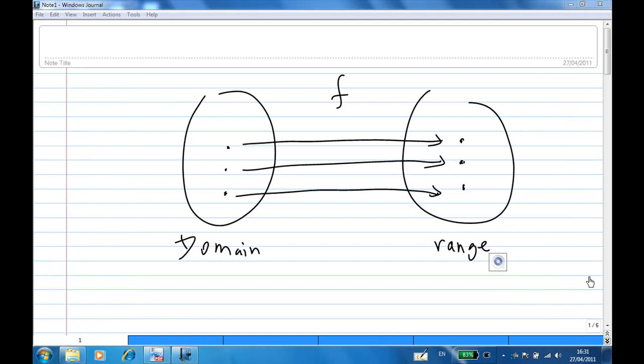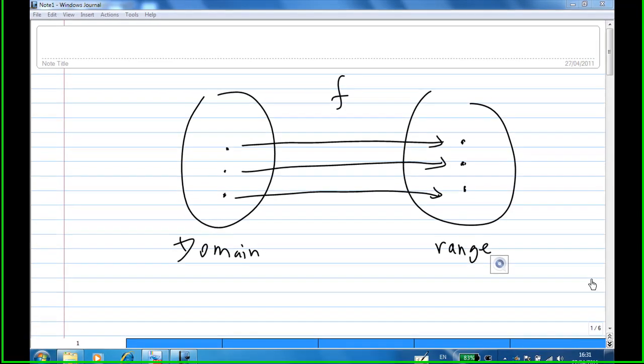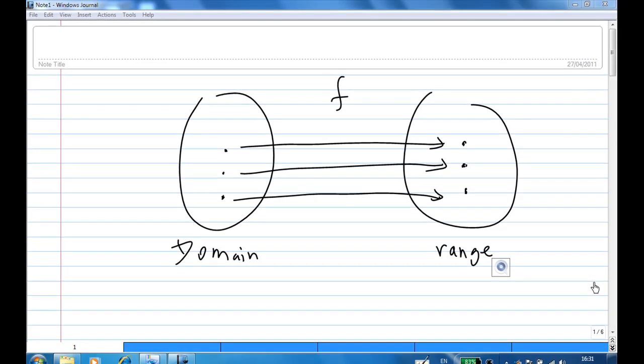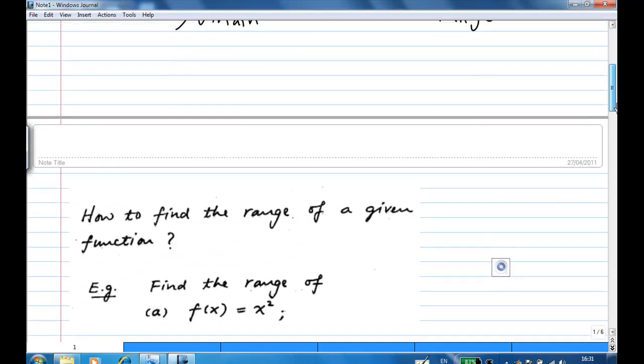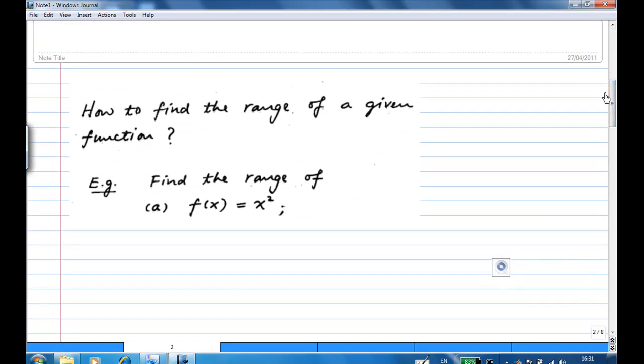Let's try to find the range of the function now. We know that a function consists of a rule, domain, and range. And the range will be the collection of all the images of values assigned from points in the domain. So how do we find the range of the function?